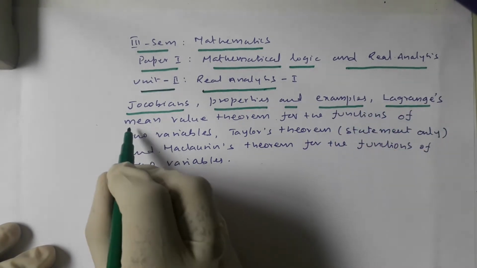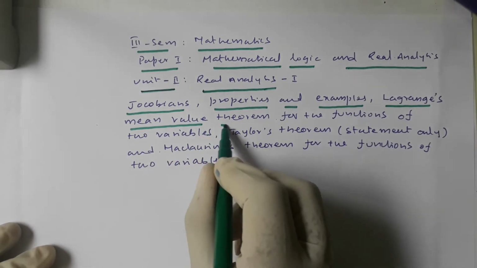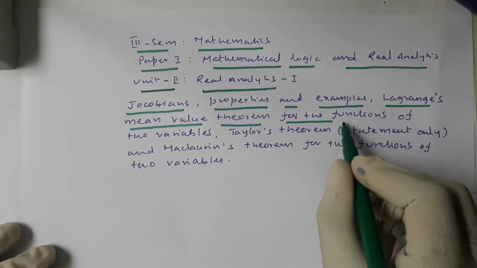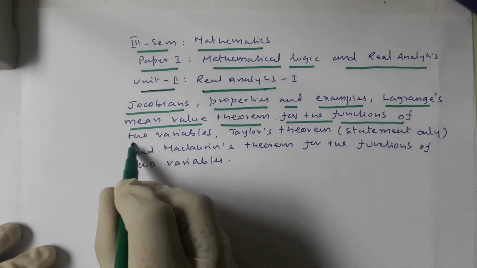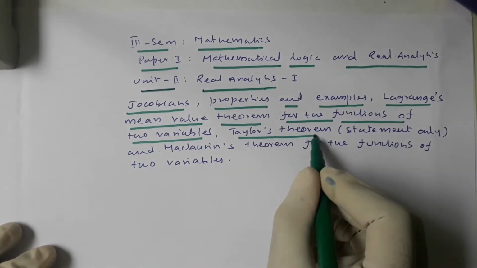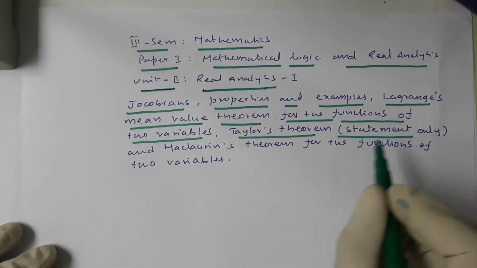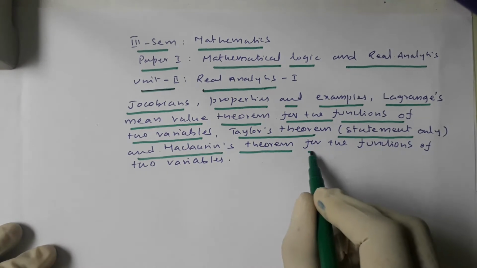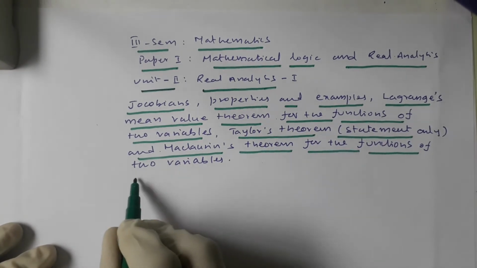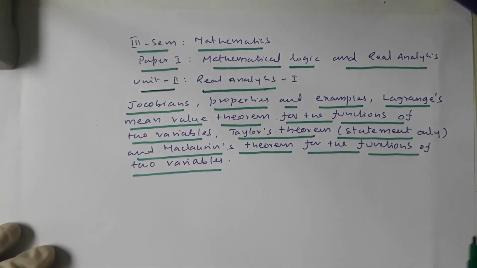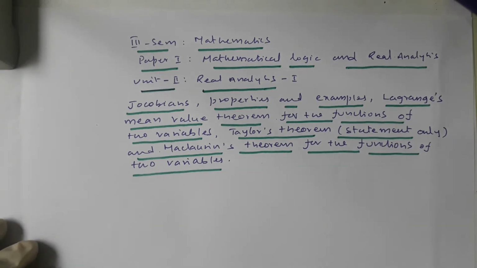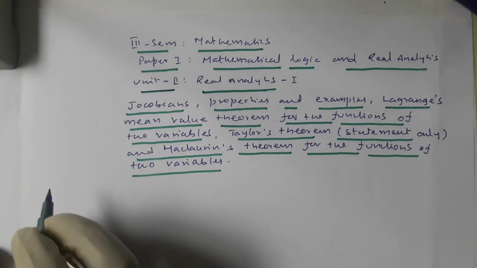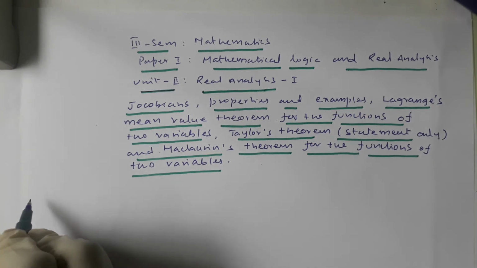Next, Lagrange's mean value theorem for the functions of two variables, Taylor's theorem, statement only. Next, Maclaurin's theorem for the functions of two variables. So these are the subtopics. So let us see in this topic, Jacobians.